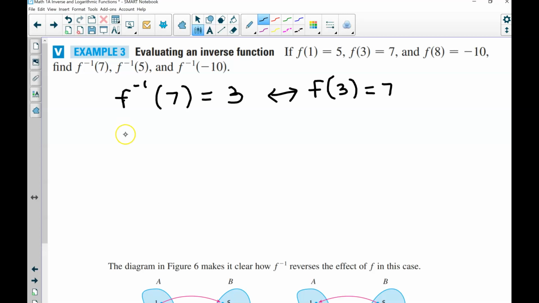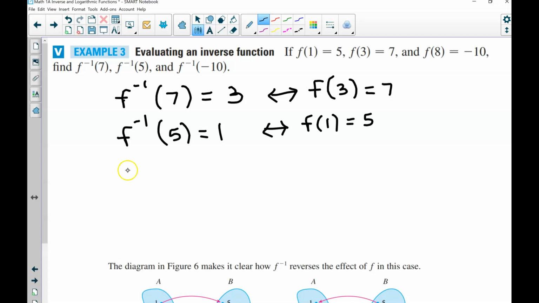Similarly, if we want to find f inverse of 5 being the input, again, take a look at what's given. When 5 is the output here, then that means that the output for the inverse would then be 1. And again, that's because from the given information, f of 1 is equal to 5.